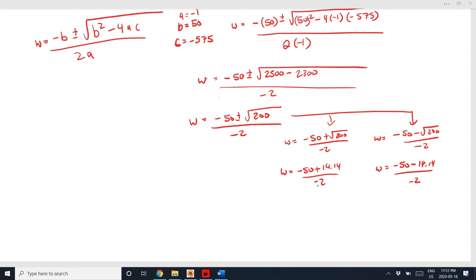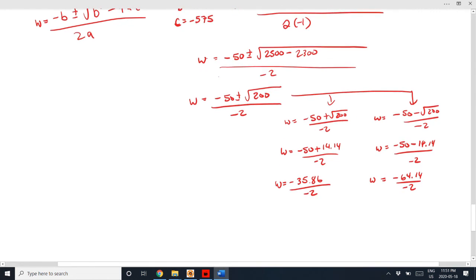So we're going to get w is equal to negative 35.86 divided by negative 2. And this one here, we're going to get negative 50 minus 14.14, which is negative 64.14 divided by negative 2. And if we do this, we're going to get both our w's, so we can just simplify this.